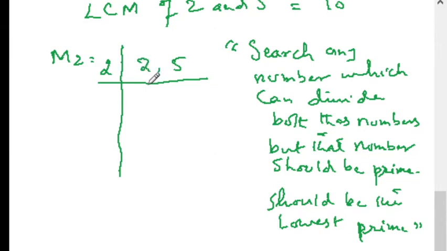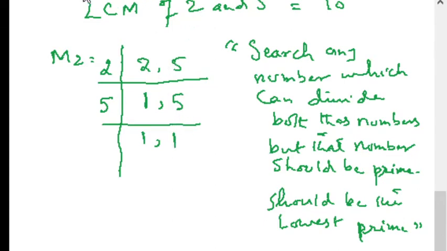So I'm taking 2. 2 can divide 2, so I will divide 2 by 2 and get 1. Then the 5 will come down, because 2 cannot divide 5. So now search another number which can divide 5. That is 5. So 1 will come down, and 5 will divide 5, so 1 will come here.